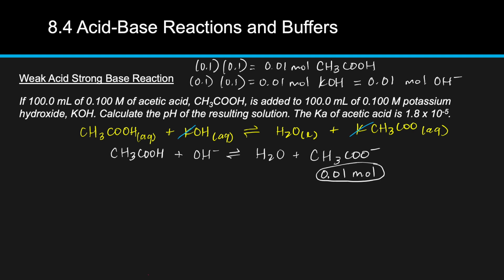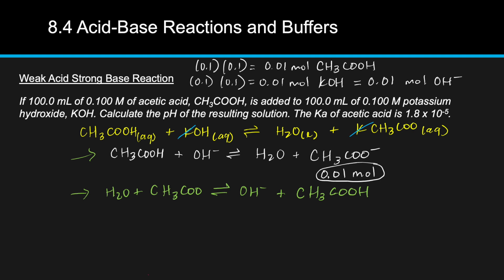So we're actually going to flip this equation when we are solving for hydroxide concentration. We're now going to make the products reactants, so H2O plus acetate reacts to form hydroxide and acetic acid.